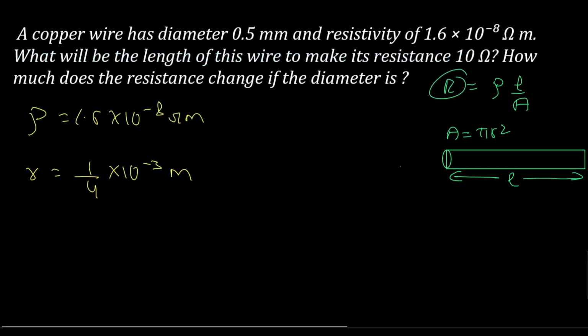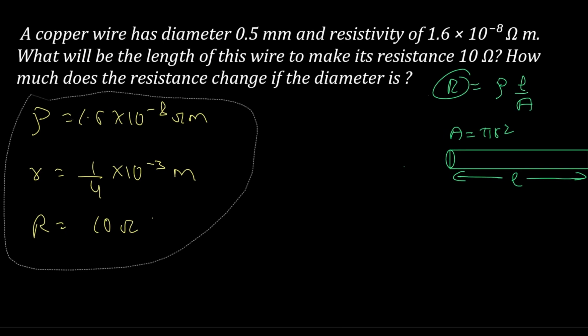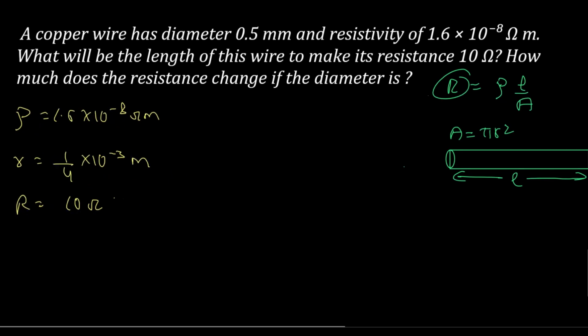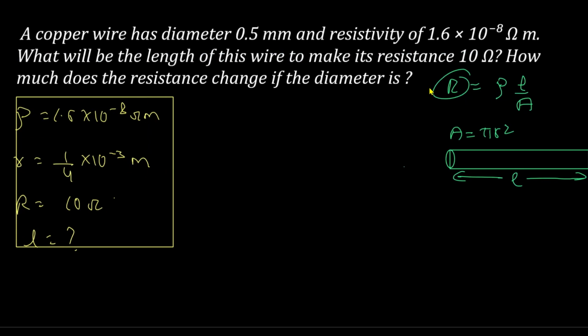So I should write down the resistance here. R is equal to 10 ohm. Now I'll be using this information to find the length of the wire. So the length of the wire is what we have to calculate. That's the question mark. Let's keep this information in a box.